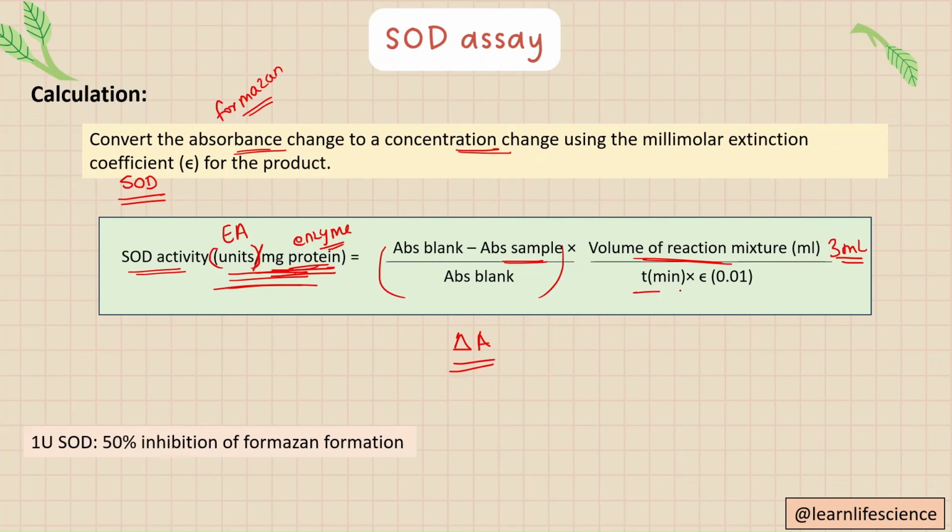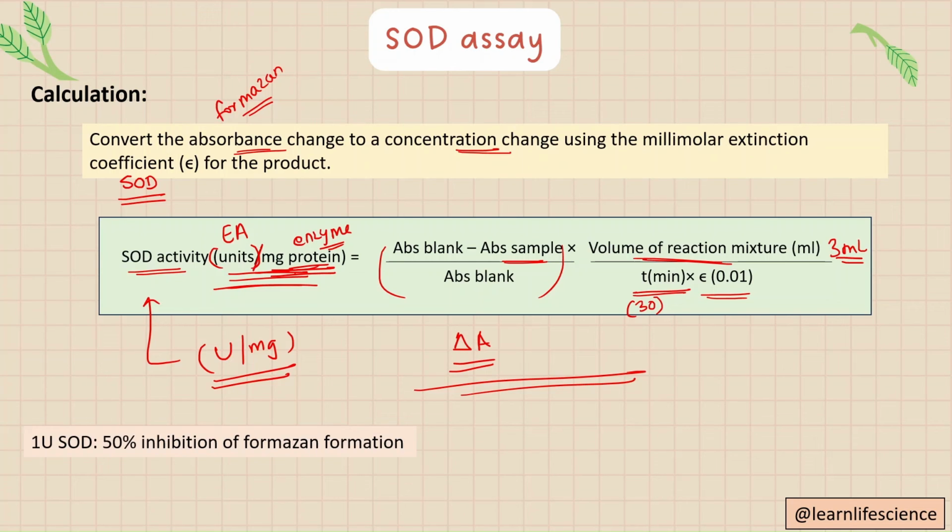Then you divide it by the time, the incubation time in minutes. We have taken 30 minutes. And then we multiply it by the molar extinction coefficient, that is 0.01. This is going to give you the result in unit per mg protein for the final superoxide dismutase activity determination.